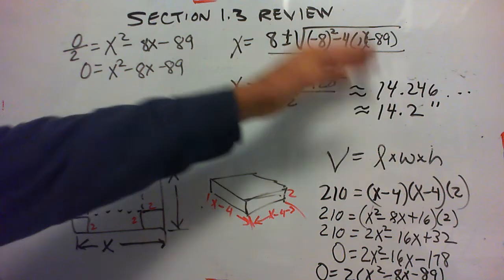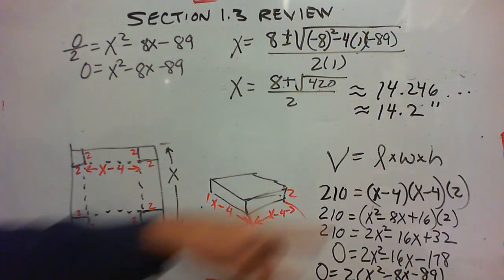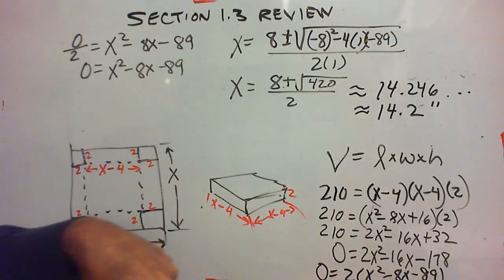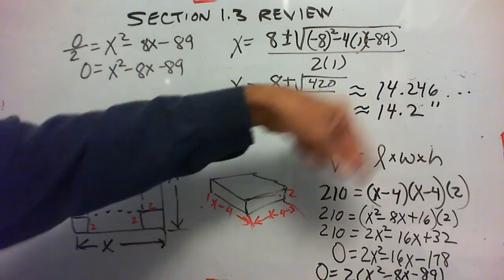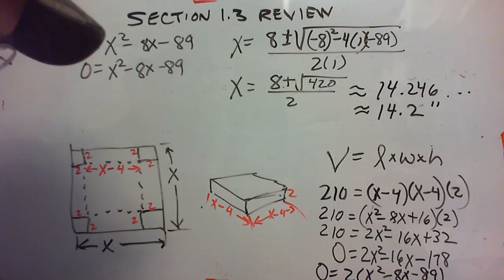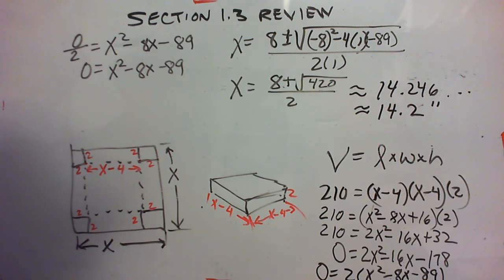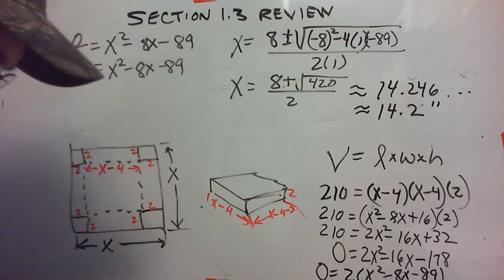That's what the WebAssign asks for, is to the tenths. I would think you'd want to round at least to the hundredth, as a practical matter. 14.25 gets you a lot closer to 210 when you check your answer. So that's it for the 1.3 review.